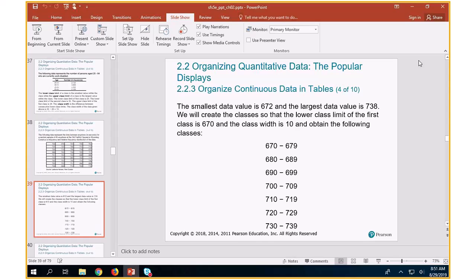Because actually, you have to count the 670. You don't subtract. So if you count 670, 671, 672, 673, 674, 675, 676, 677, 678, 679 is 10. The class width is 10, but if you go linearly and say 679 minus 670, you'll get 9 and you'll get it wrong every time.